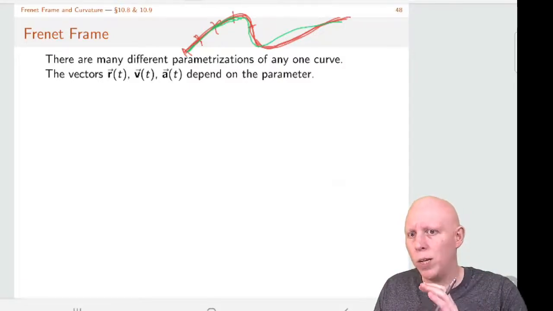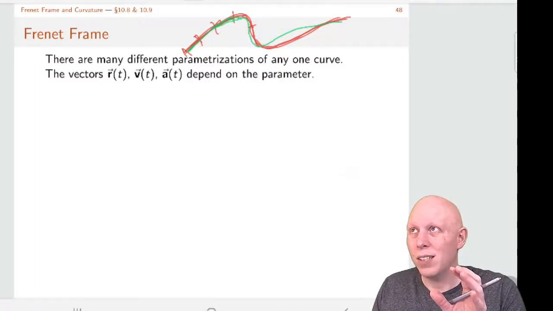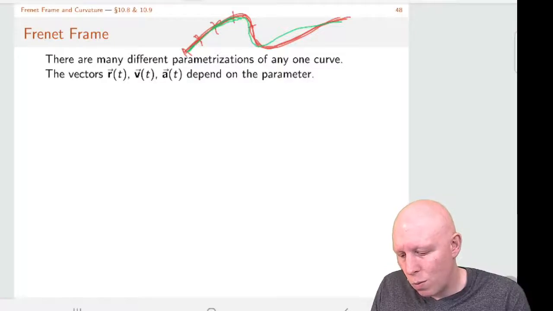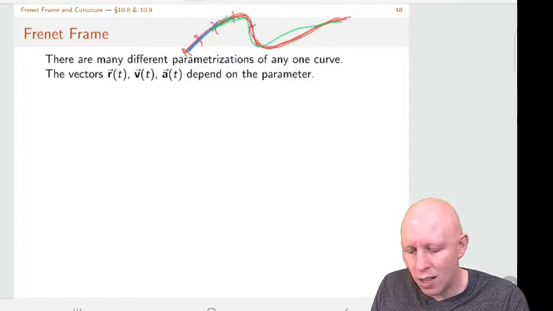There's nothing special about traveling along it in any particular way. Instead, what we would say is that this curve really has some intrinsic properties.